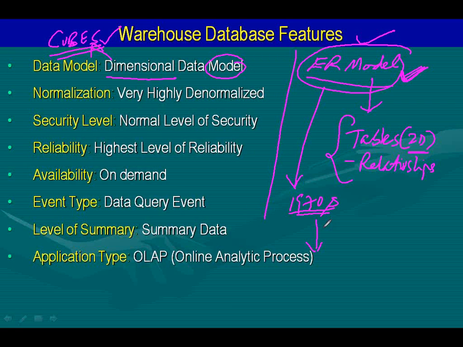Later a need evolved for decision making, planning and analysis of data, and they found the importance of history. Many people were involved; there are two main people who were behind the theories of the warehouse.